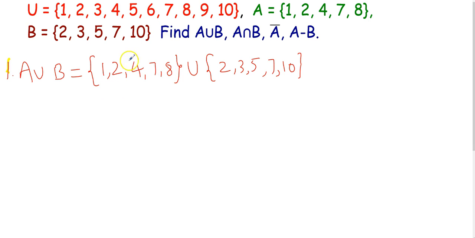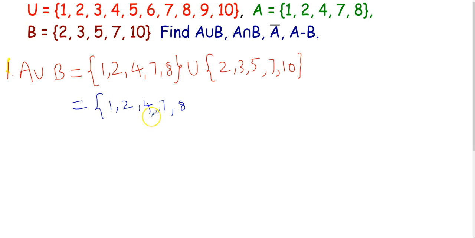So after listing down the elements of A and the elements of B, in the next step, I'm going to bring down all these elements of A, that is 1, 2, 4, 7, and 8. Our aim is to find the union of those two sets.